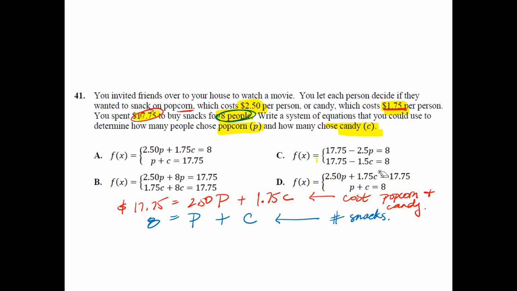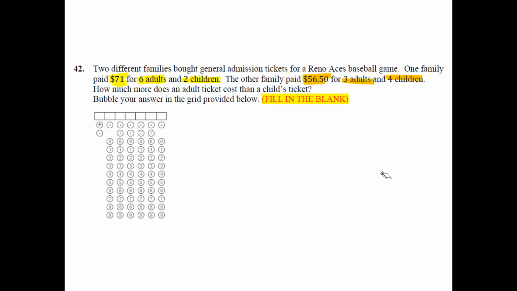Okay, so immediately with this one, you're gonna have to do systems of equations. So I'm just gonna put systems of equations, and you need to copy that part down too.